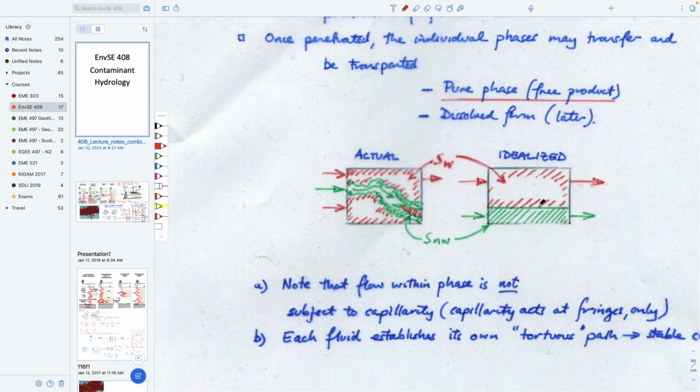And we'll use Darcy's law, but we'll use it in a modified form to account for the cross-sectional areas within the porous medium, which are filled with either water, shown in red, and the non-wetting fluid, which is shown in green. And we'll save that for next time.